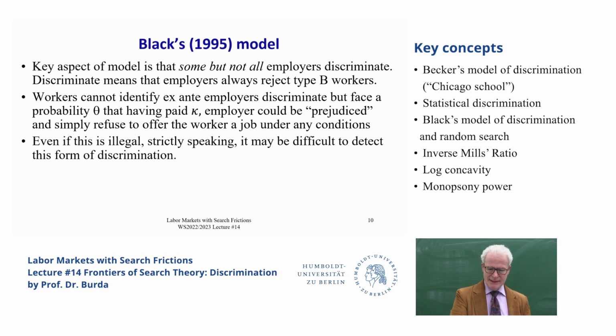And even if it's illegal, strictly speaking, it's difficult to know because you can make up stuff. This happens in Germany. It happens everywhere. People just say you forgot to have 1.5 spacing in your CV, or you didn't put your picture in, or things that are just formalien, formal excuses.